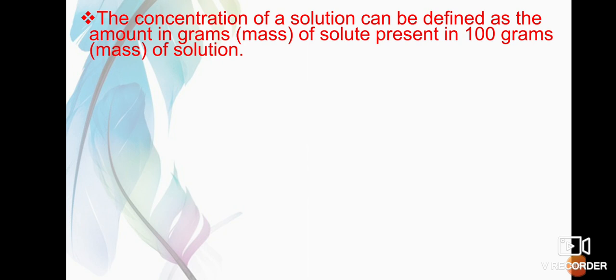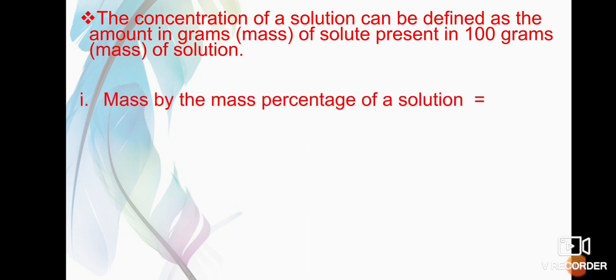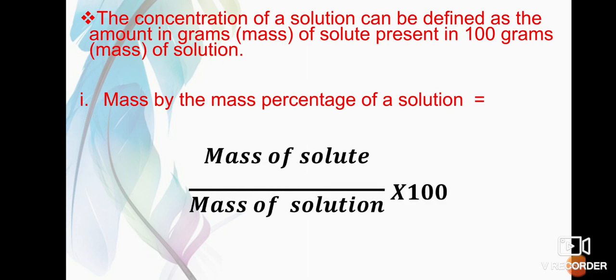See, the mass by mass percentage of a solution can be calculated by using the formula: mass of solute by mass of solution into 100. Let us discuss one problem.